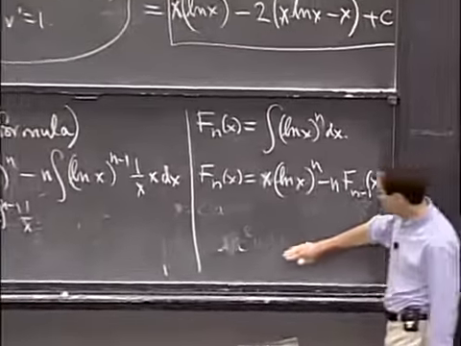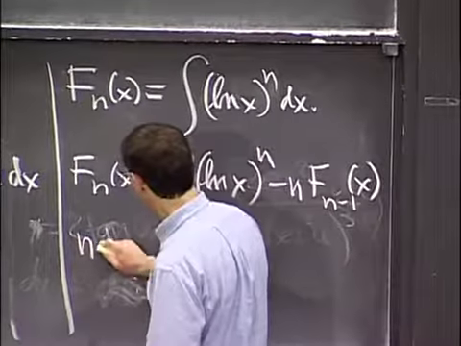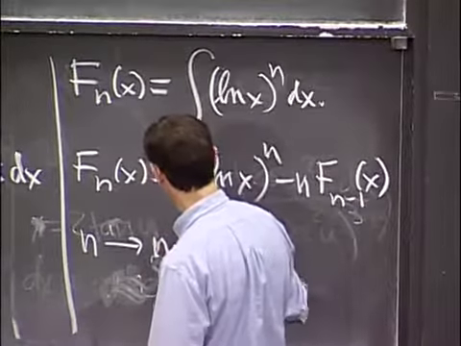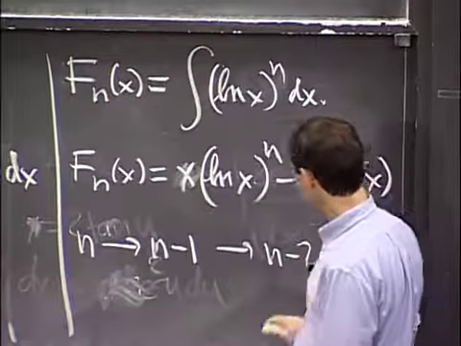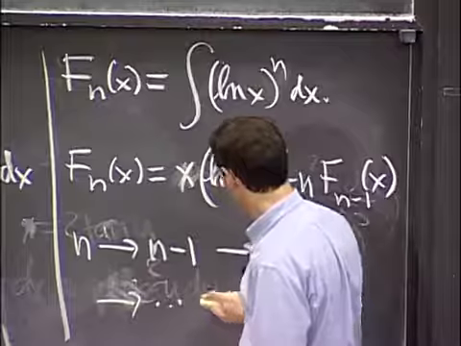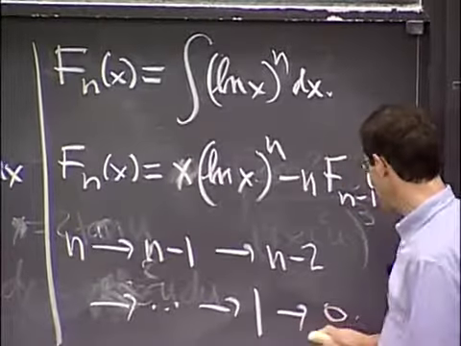And the idea is that eventually we can get down. If we start with the nth one, the reduction is to the n minus first, then we can reduce to the n minus second, and so on, until we reduce to the first one, and then in fact we can even go down to the 0th one.